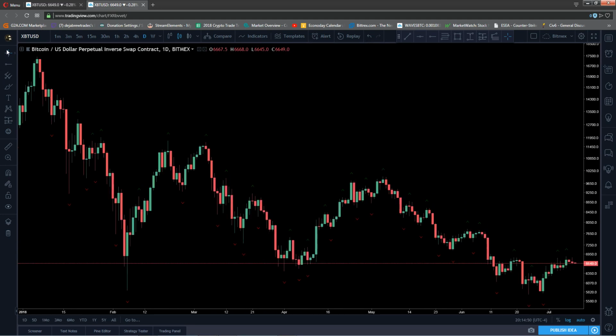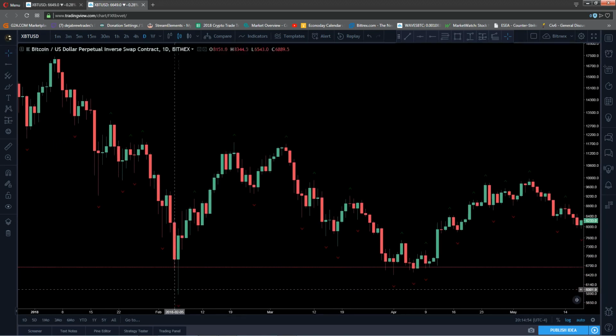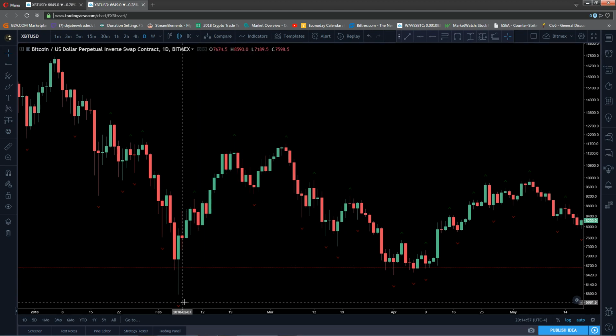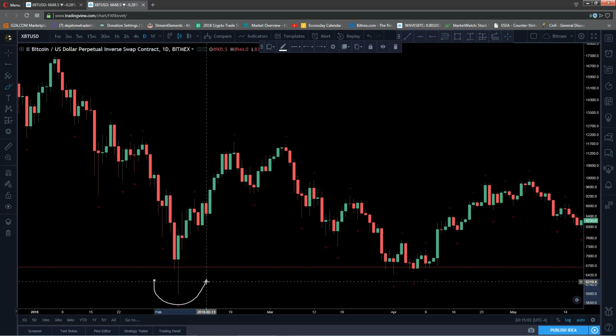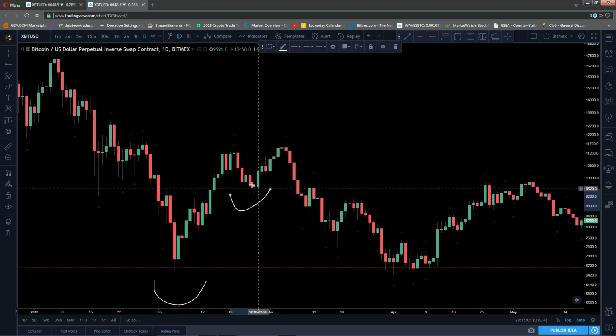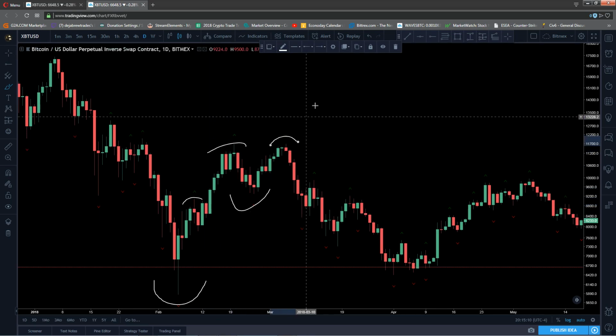So when looking at fractals, what you should understand is when you're in an uptrend, your down fractals should be increasing. You should be forming higher swing lows, and your up fractals should be forming higher swing highs.